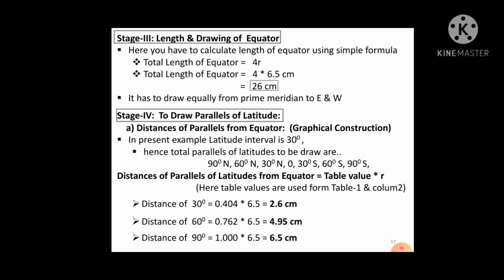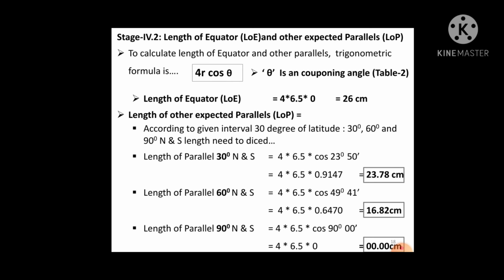In the same way, for the distance of 90 degree, the table value is 1, and multiplied by 6.5, which is the radius of our circle, the answer is the same 6.5. So in this way you have to find out the distances of the respective or expected latitudes from the equator. Even though, those distances you can find out trigonometrically also.